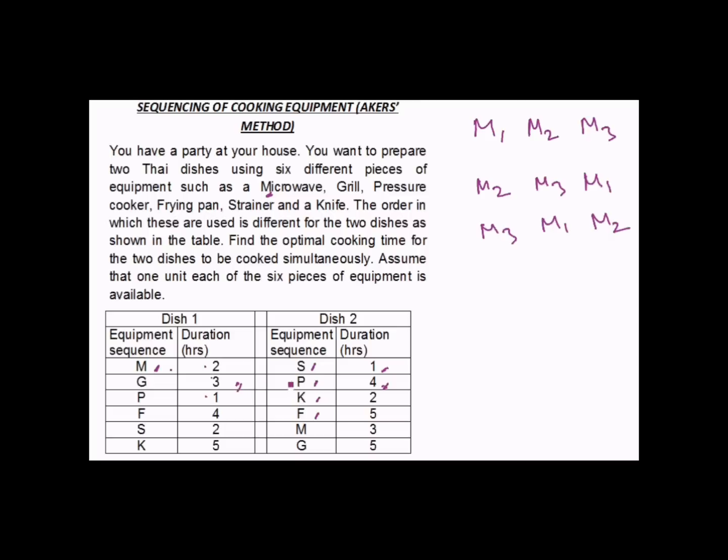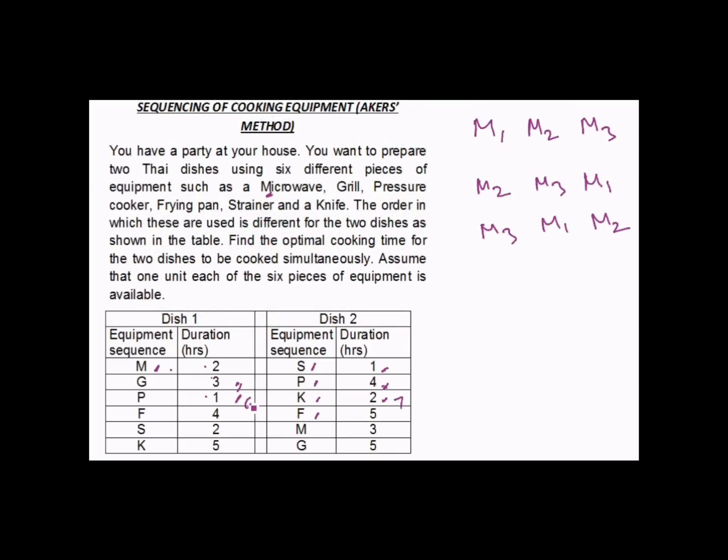After the 5th hour, dish 1 needs to be processed on the pressure cooker, which needs 1 hour, and dish 2 needs a knife, which needs 2 hours. So here till the end of 6 hours there is no clash. Here till the 7th hour there is no clash.